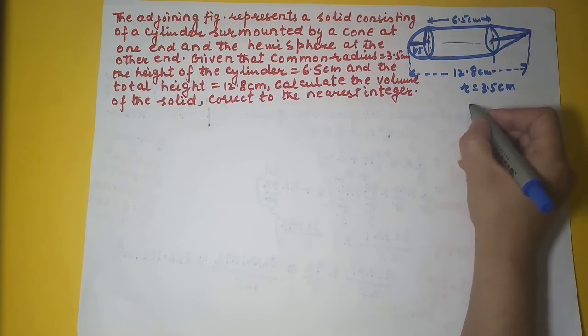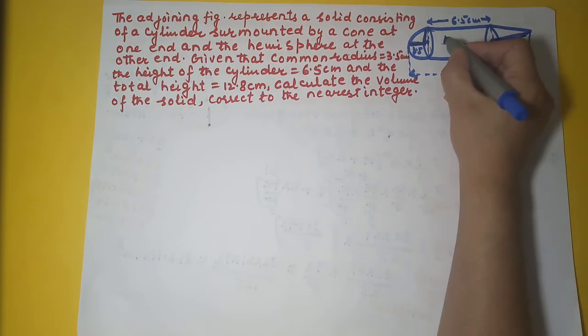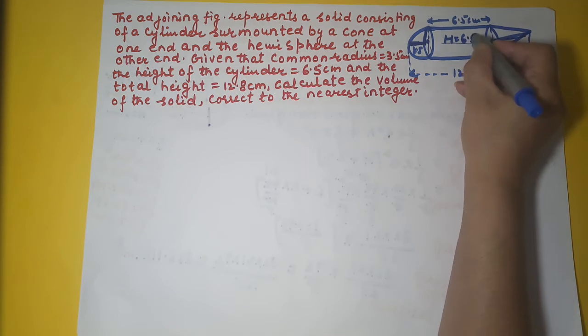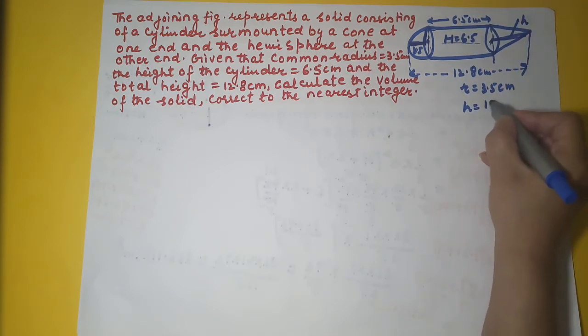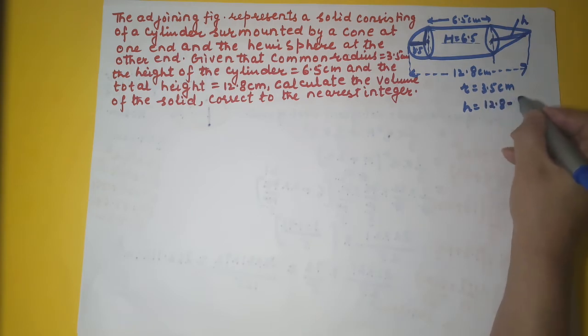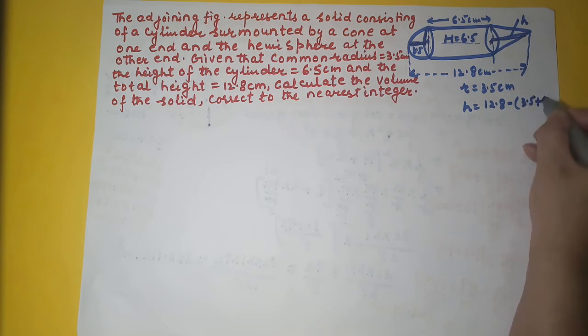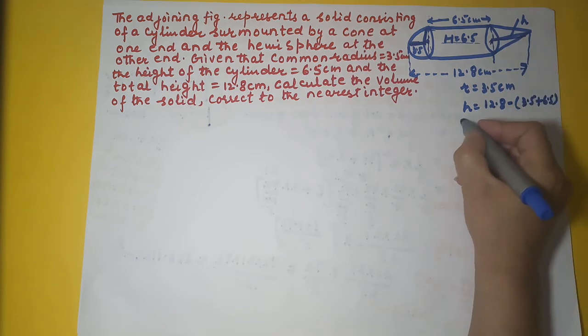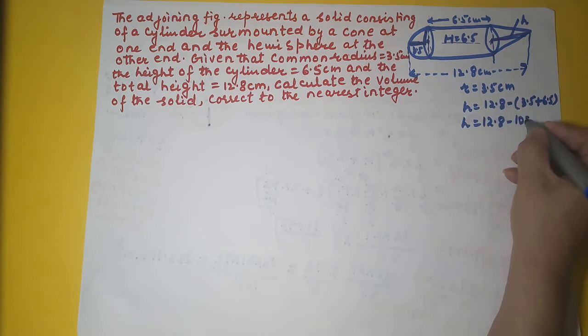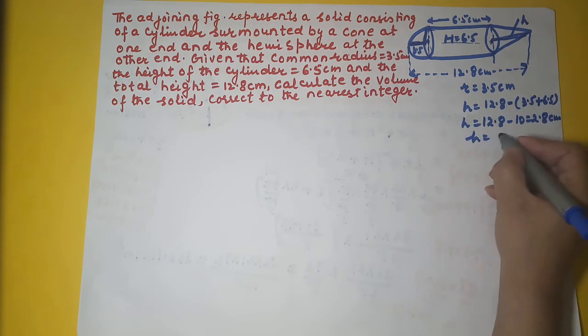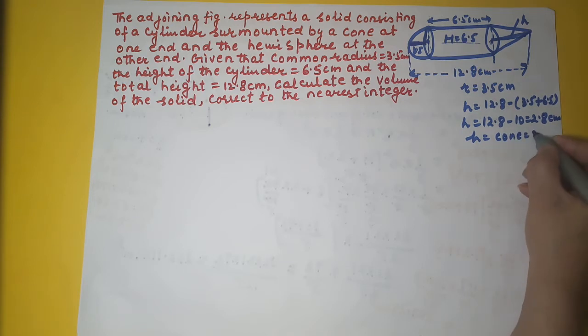So, let's say that the height of this cylinder is 6.5 and small h be the height of this cone, and we can calculate this as 12.8 minus (3.5 plus 6.5), right? So my height of the cone will become 12.8 minus 10, which is equal to 2.8 centimeters. So I have calculated the height of the cone, which is equal to 2.8.